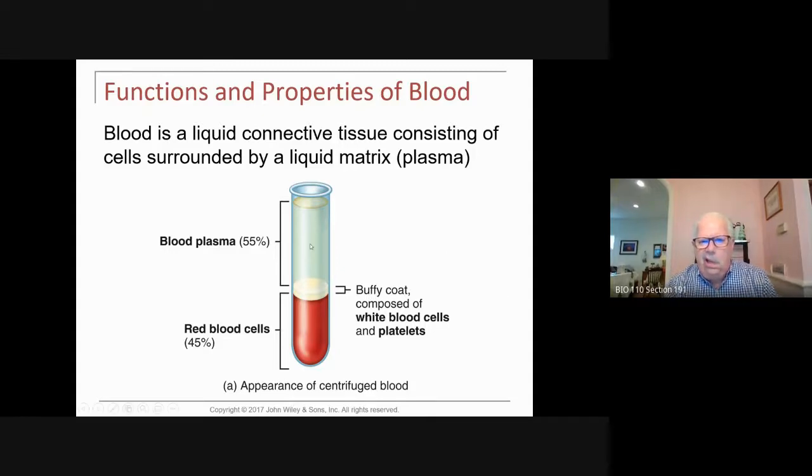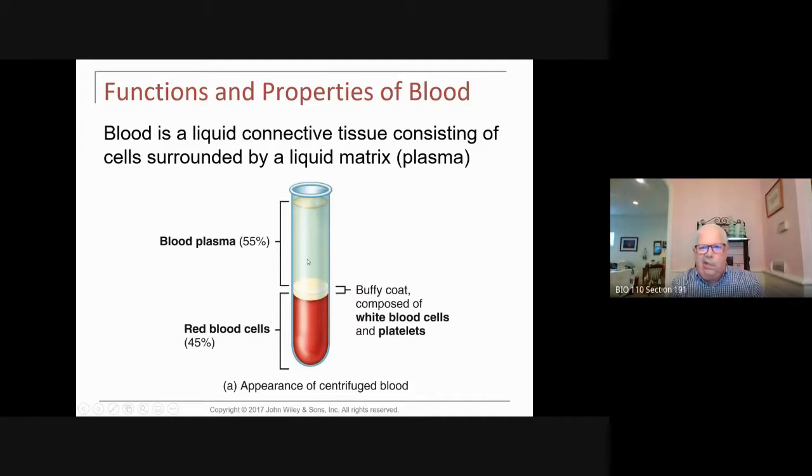Here's plasma. The majority of blood is plasma. It's liquid. The remainder settles down to the bottom because it has weight. It's red blood cells. So 55% of your blood is basically plasma.